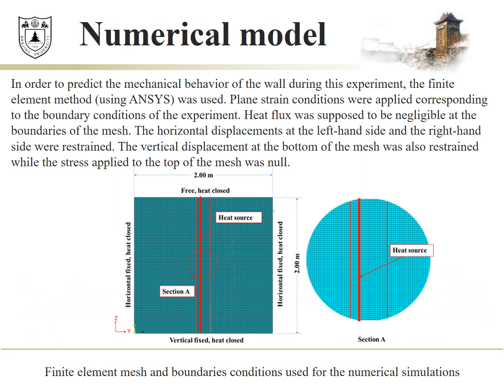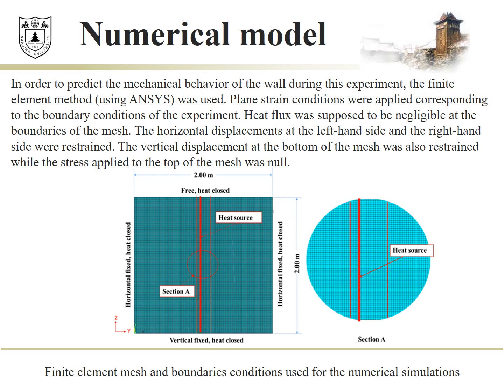In order to predict the mechanical behavior of the wall during this experiment, the finite element method using ANSYS was used. This figure shows the 2D mesh. Plane strain conditions were applied corresponding to the boundary conditions of the experiment.